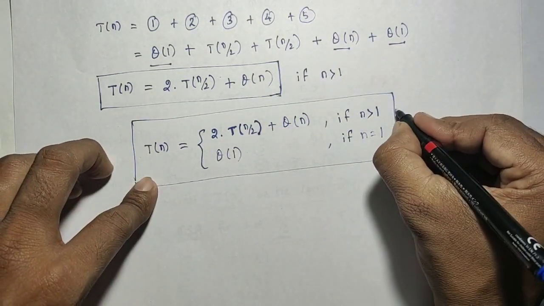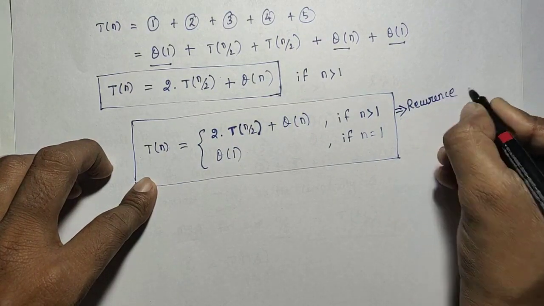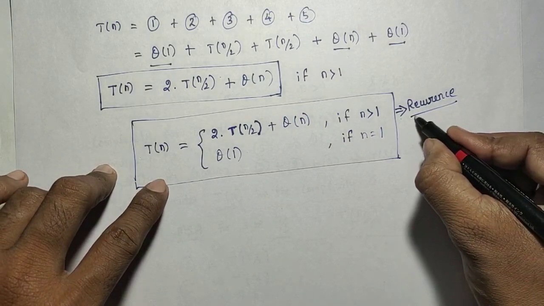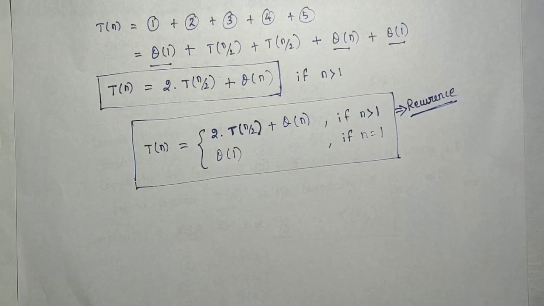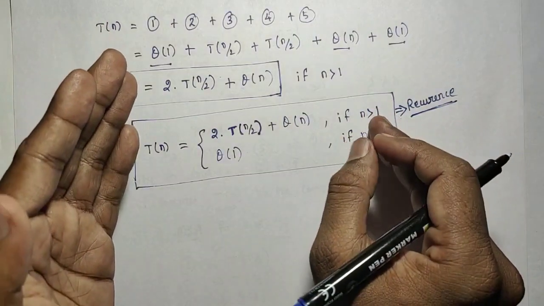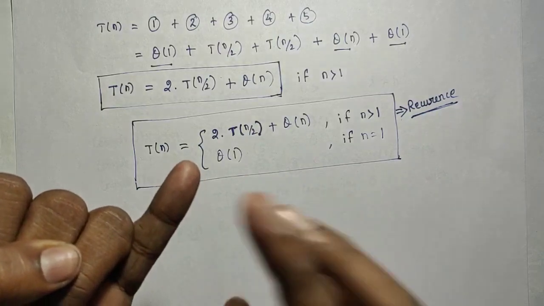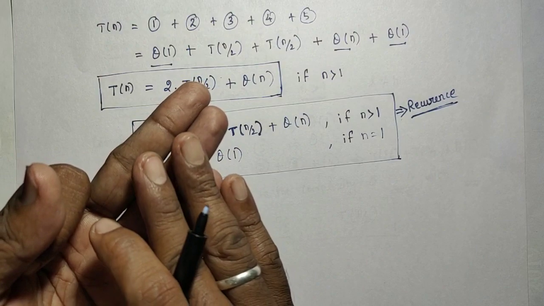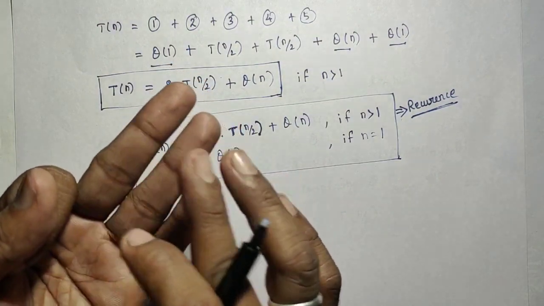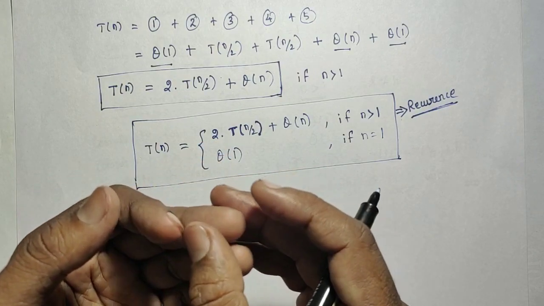This is called a recurrence. For solving these recurrences, we have a lot of methods, which must be applied to find the final complexity. There are 3 standard methods: the iterative method, the substitution method, and the master theorem.